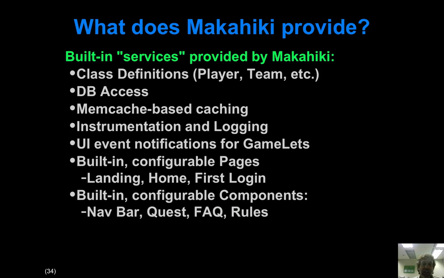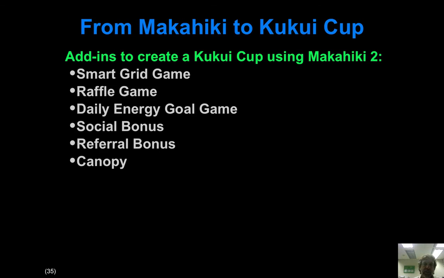There should be some pages that the game engine provides for free, like the landing page, the home page, the first login sequence. Those should be configurable. And then there should also be some UI elements like the Navbar, the quest engine, FAQ, rules, which are provided for free as part of the underlying game engine, but of course can be configured.